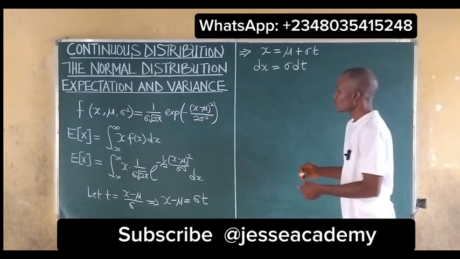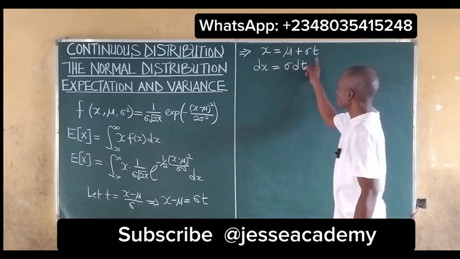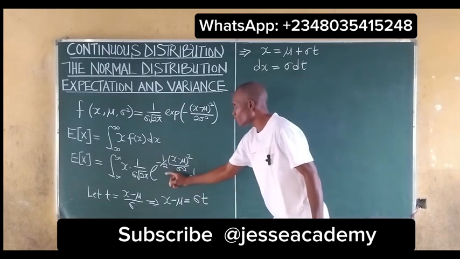The next thing to do is to impute what we have here, x is equal to this, and the x will now come to this. We impute the whole of that into this.